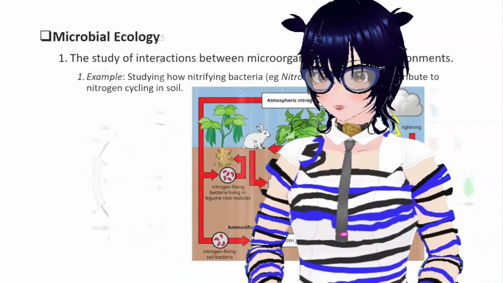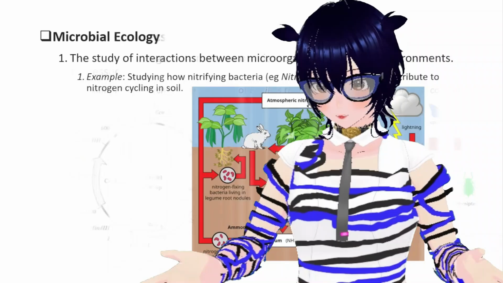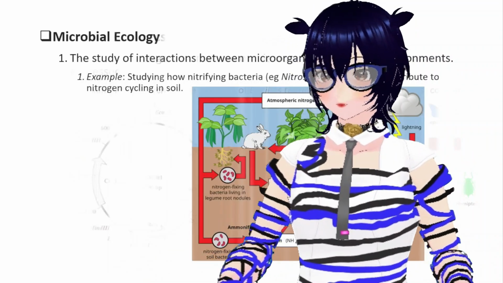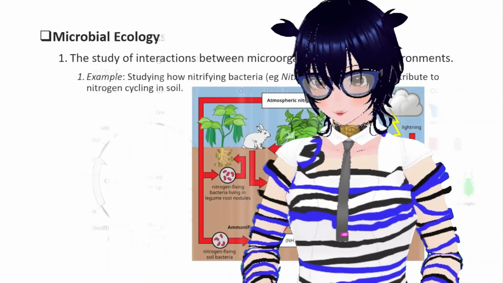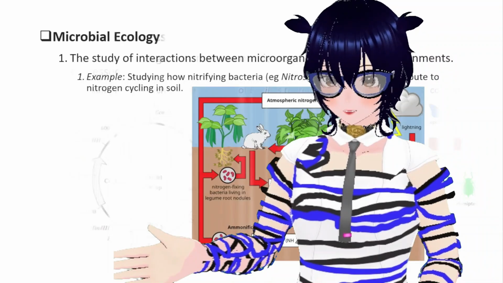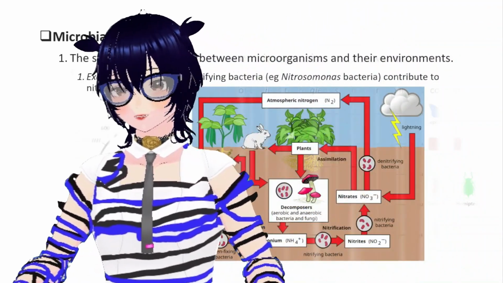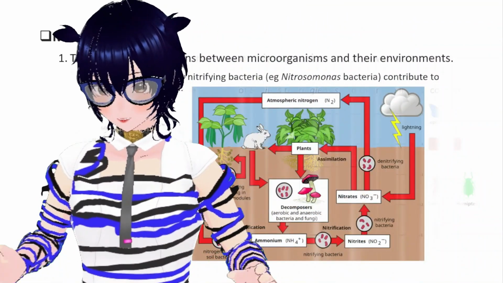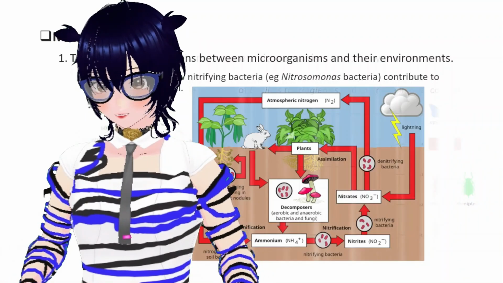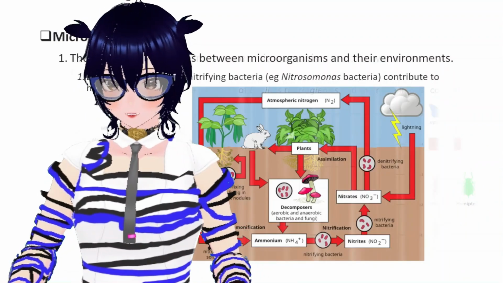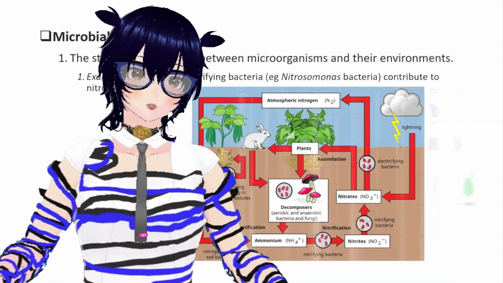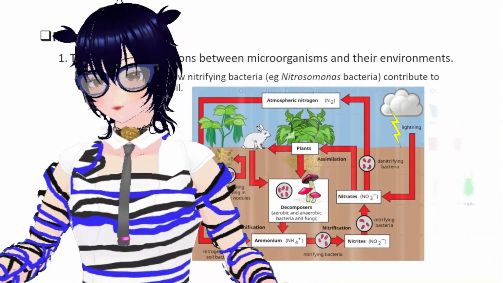We, plants, or other organisms, unlike bacteria, can't use nitrogen directly from the atmosphere. So we need someone that will change atmospheric nitrogen into something other organisms can use.